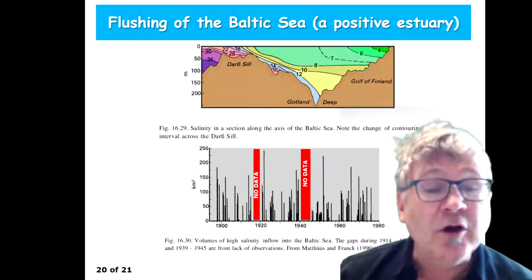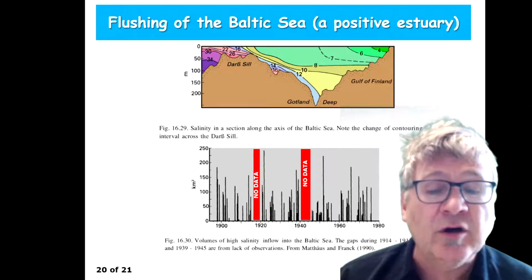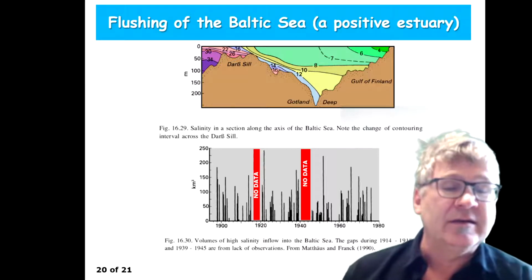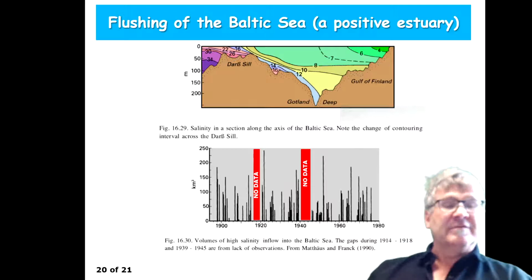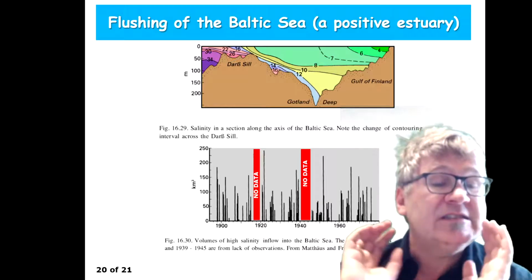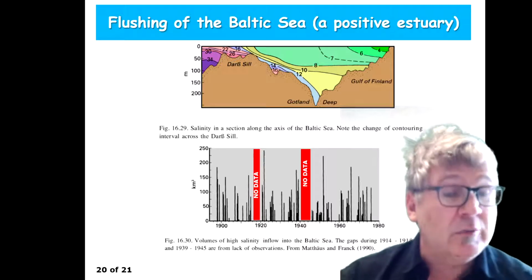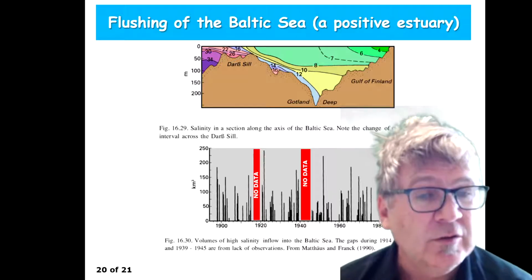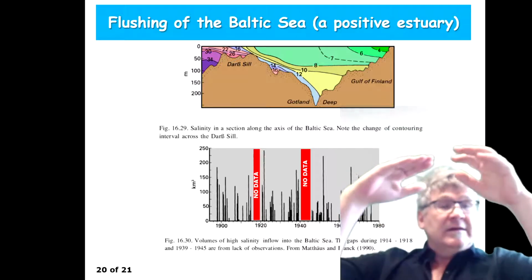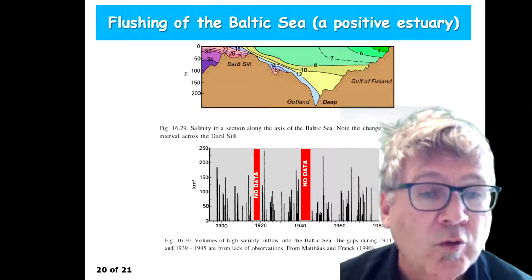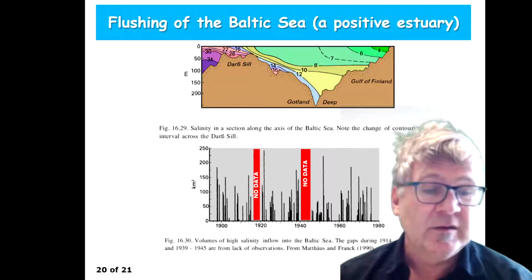And the bottom figure shows you a time series of the volumes of high salinity inflow into the Baltic Sea. So this is the water that comes from the North Sea, and you can see there are gaps, not only really where you have years where you have no inflow, and that's the times when the oxygen levels drop to very low levels.